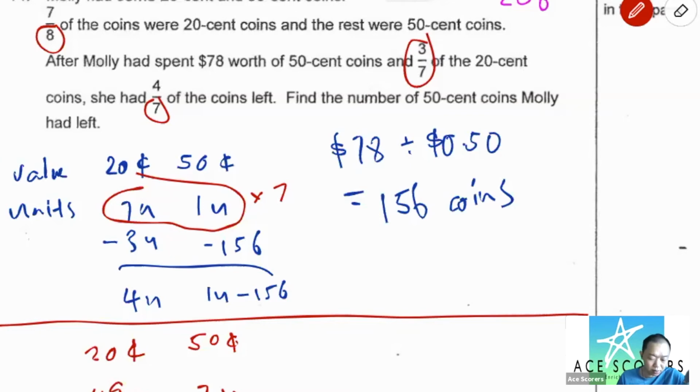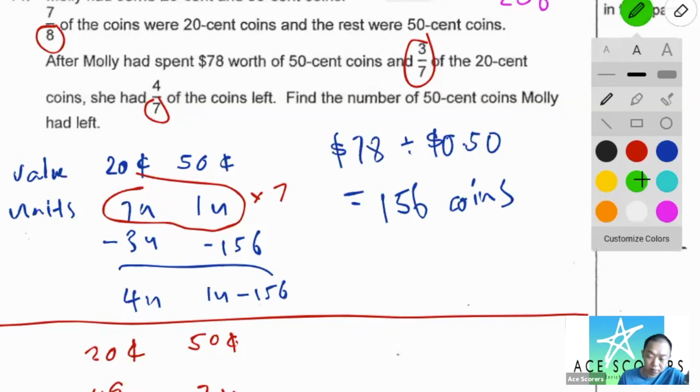Take away 21U, we are left with 28 units, all right? So here, take away 156. That gives us 7U minus 156. And this 7U minus 156, they say, is equal to 4 out of 7. Yay. Okay? So we can compare already.